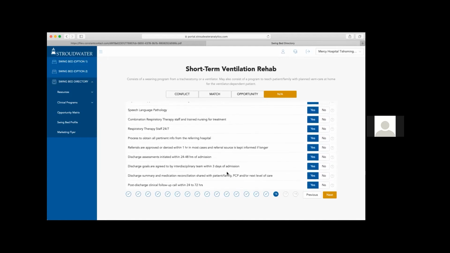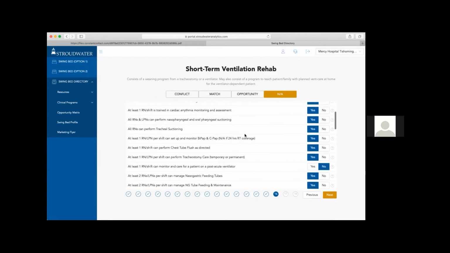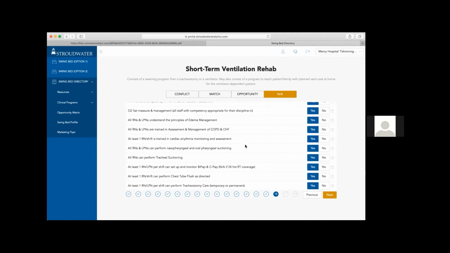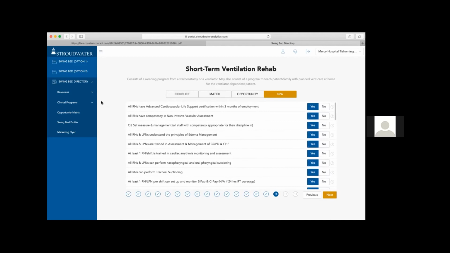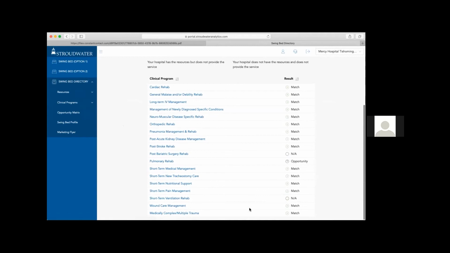But again, lots of great things, a robust set of clinical competencies here. So lots of good stuff. So potentially maybe some education or consideration of some specialty equipment, if that was something that you wanted to pursue.